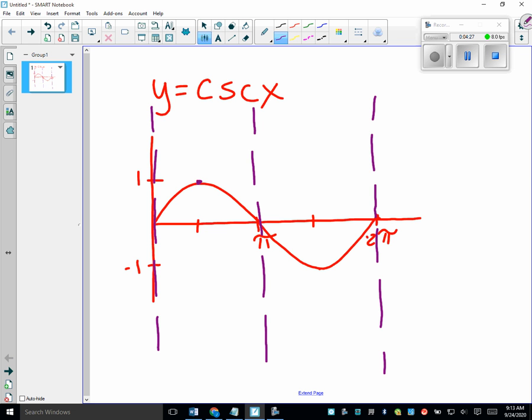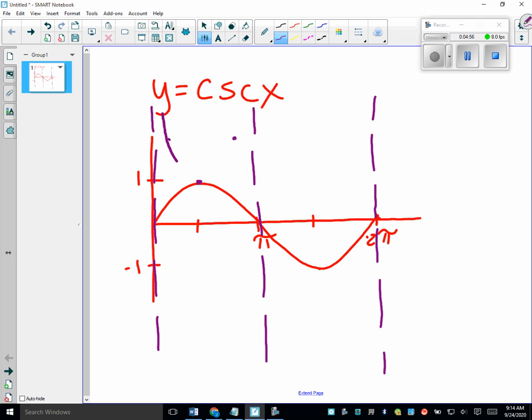Yeah. What's the reciprocal of 1/2? 2. So up here is going to be a dot. And that can go on forever though, right? Well, yes, just like the sine graph goes forever. Would you agree here's 1/2? Yeah. So it's going to be a 2.